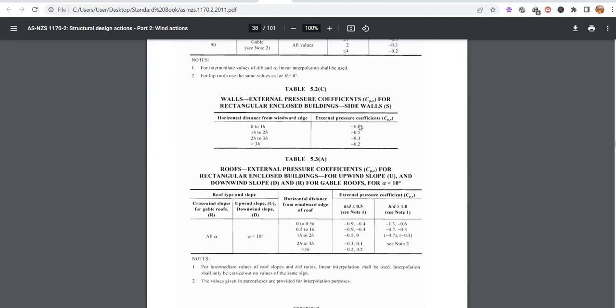So 0 to 1h would be negative 0.65, 1h to 2h would be negative 0.5, 2h to 3h will be negative 0.3, and greater than 3h will be negative 0.2. So I've got these values and then plug them in here.